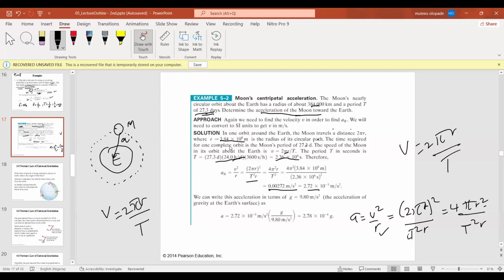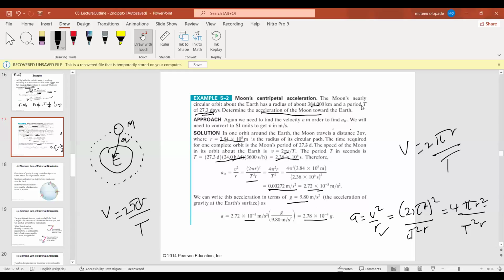So I have a question. What's your question? After getting the acceleration of the moon, you wrote that we can write this acceleration in terms of g. I don't understand that part. Yes, if you decide to write the acceleration in terms of g, that means you divide what you got here by g, which is 9.8, and you can write it in terms of this.